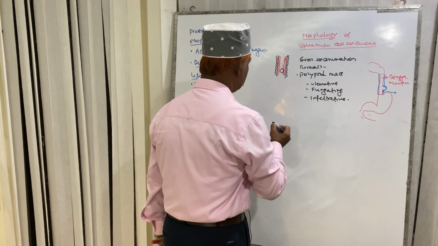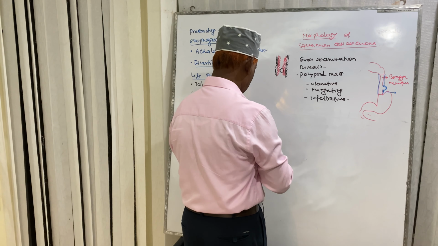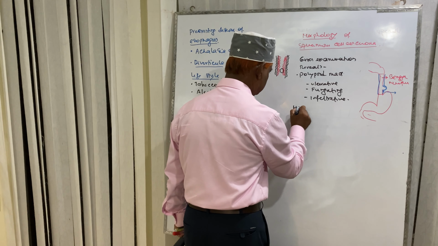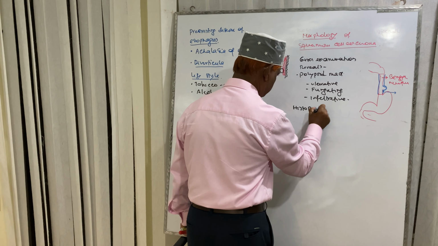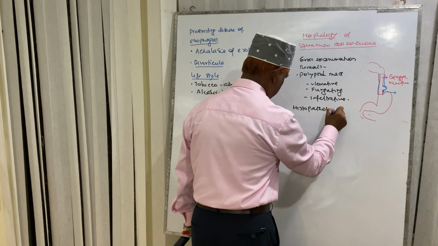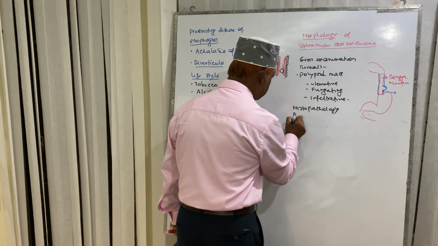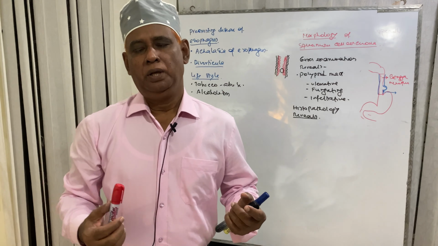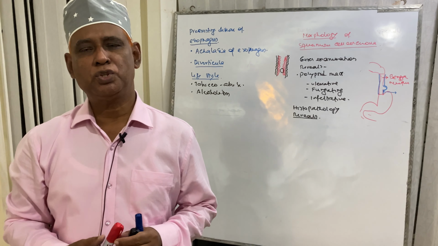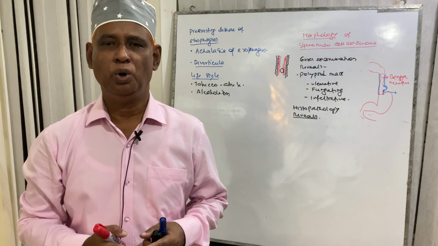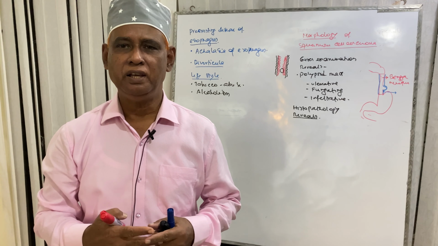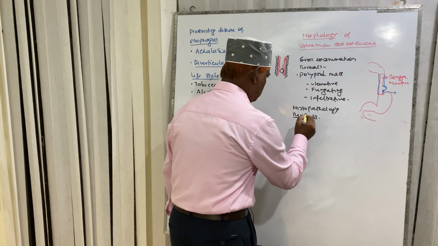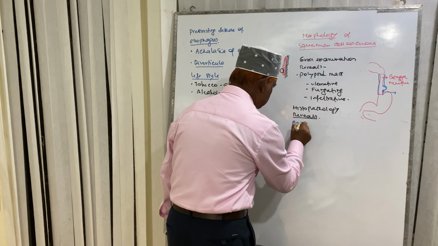Now come to histopathology of squamous cell carcinoma of the esophagus. Histopathology reveals anaplastic cells arranged as sheets or groups invading the stroma.